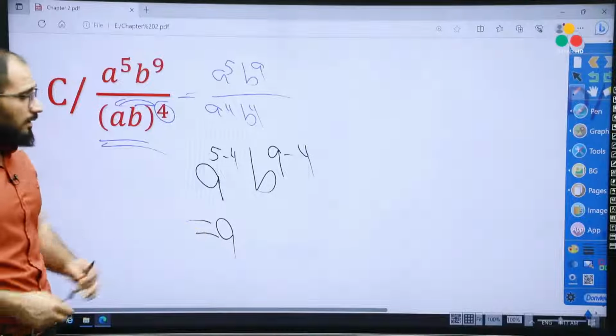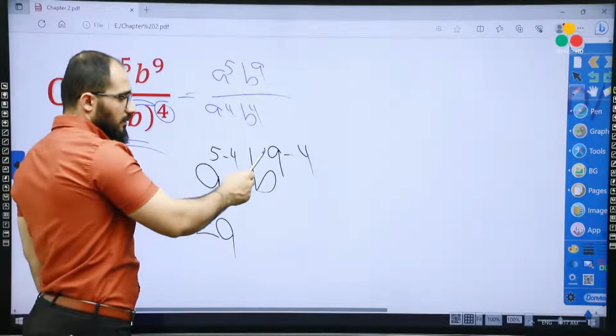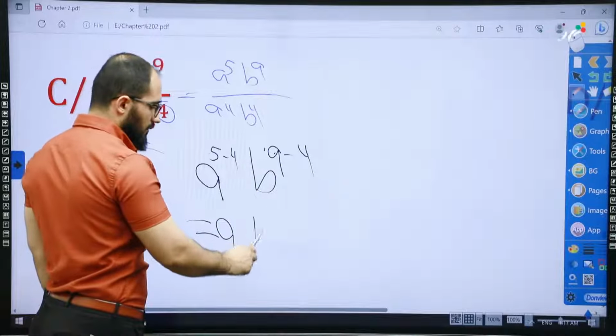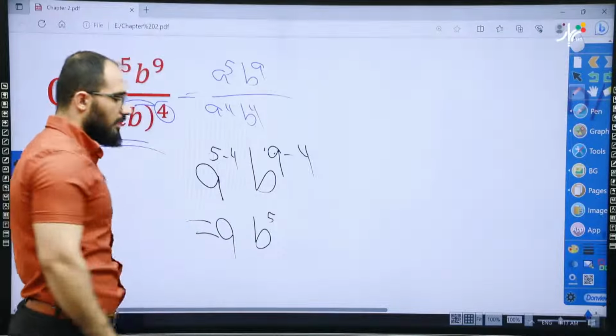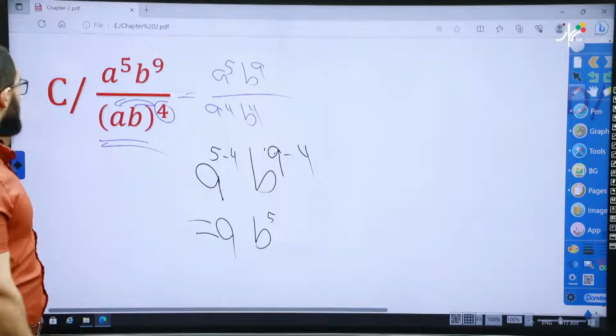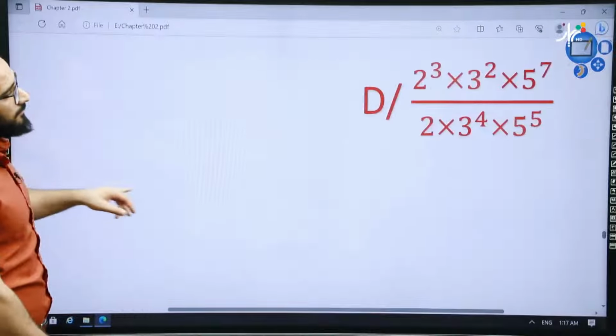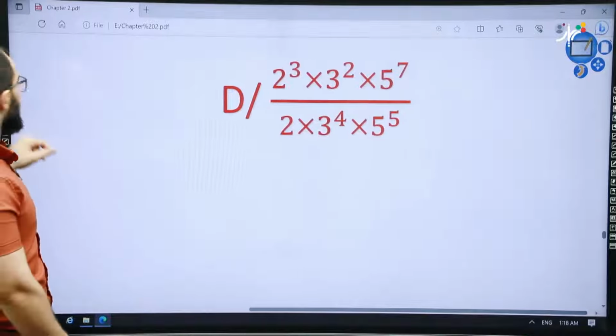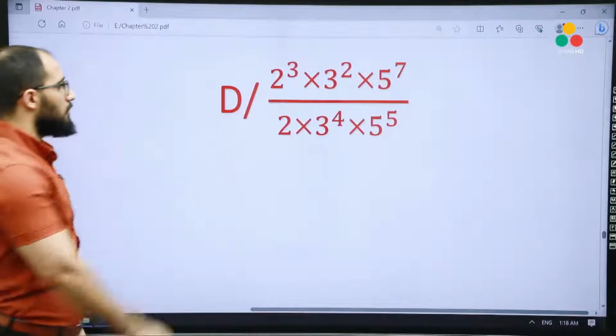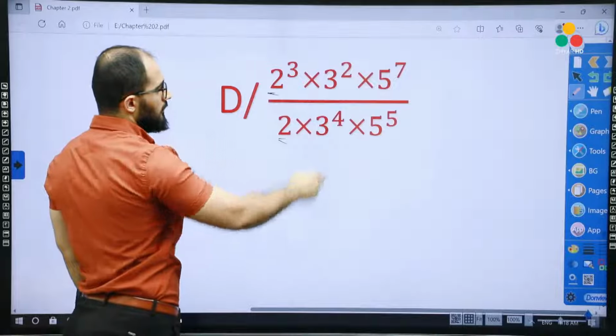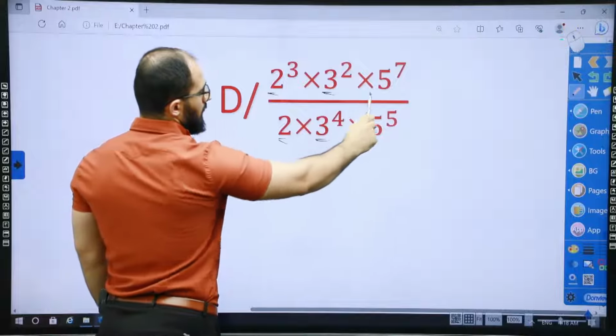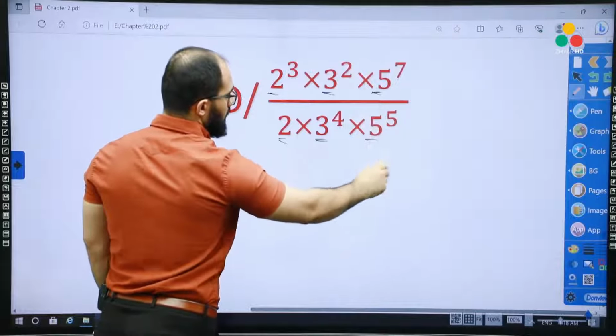We do not write 1. B is going to be 9 minus 4, so b power 5, ab power 5. For example D, again we have 2 with 2, 3 with 3, 7 with 5 with 5.